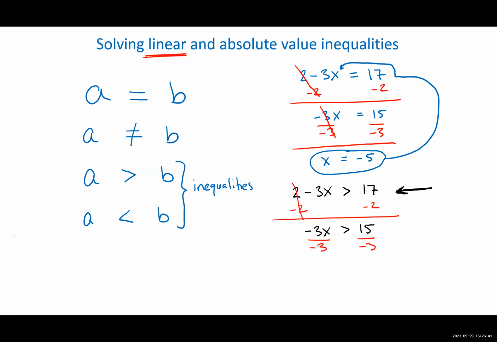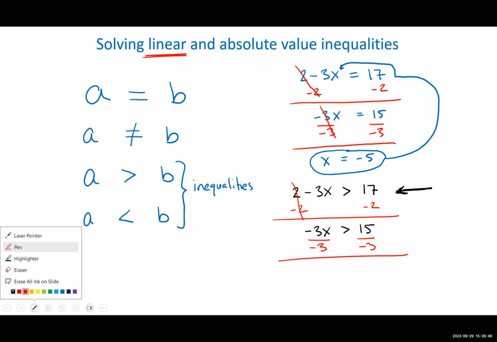If we divide our inequality by a negative number, and this goes for multiplication as well, we have to change the direction of the inequality symbol. So if -3x is greater than 15, then when we divide both sides by -3, x is less than -5.